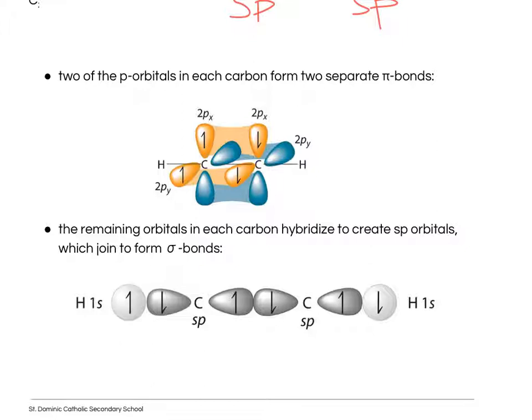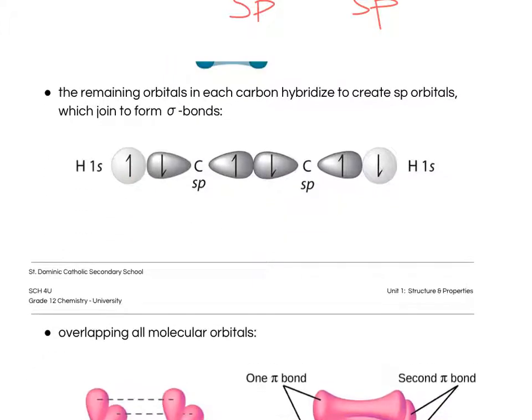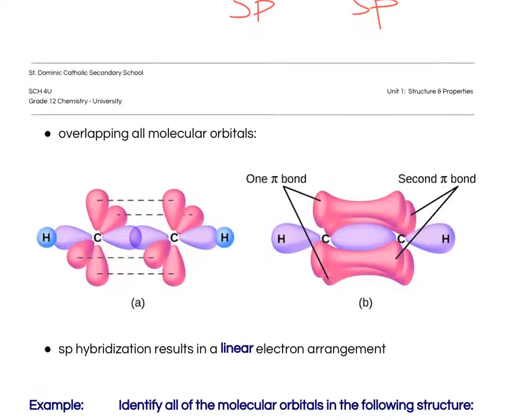But there's also a direct overlap, right? The third bond in that triple bond is going to be a sigma bond. So here we see the sigma bond overlapping of the sp and the sp orbital forming a molecular orbital. And then here we see the sp overlapping with the s in hydrogen. So now let's put this all together. I'm just going to flip to the next slide so we can see this.